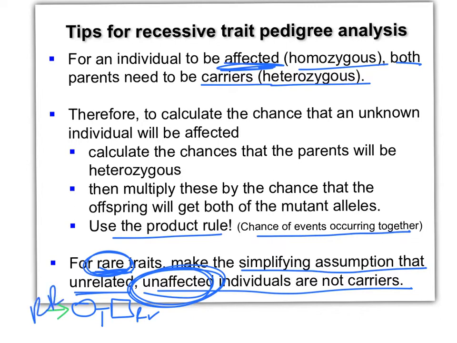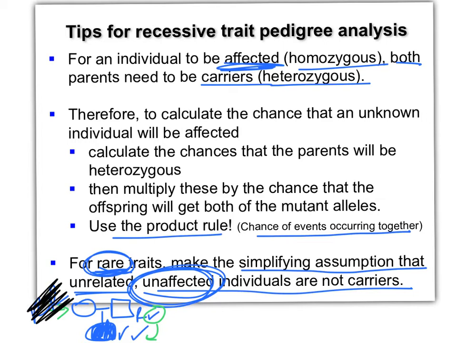Not a carrier. But then one of their kids ends up having it. We know it's little r, little r. What do we then know about the mom? Can she be big R, big R? No, because the kid had to get a little r from dad and a little r from mom.